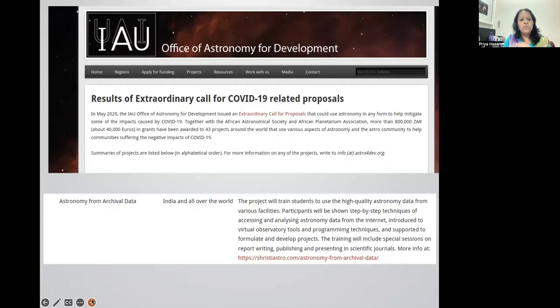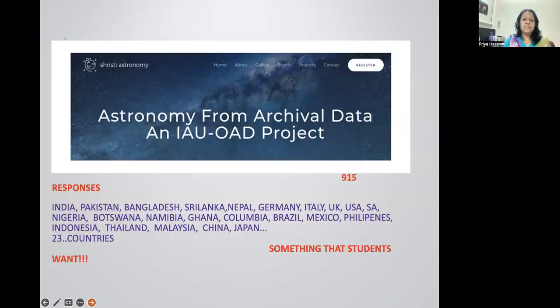And based on this very concept, we proposed projects which were based on astronomy data. So the story starts with the pandemic, when the IAU Office of Astronomy for Development announced a call for COVID-related projects. And that's when we proposed a project called Astronomy from Archival Data, which was basically about training students to use high-quality astronomy data from various facilities and actually analyze that to get important results.